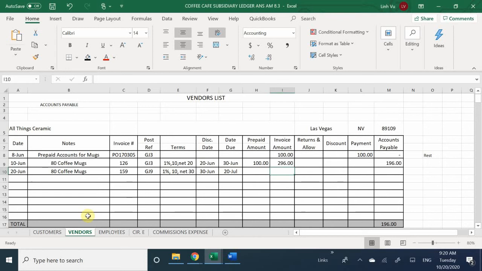Oh, including the delivery, 296.80. 296.80. Good. And if I did my formula correct, it should say that I now owe $296.80, bringing me to a grand total of $492.80. Okay, because I still have to pay for the previous bill. Okay.